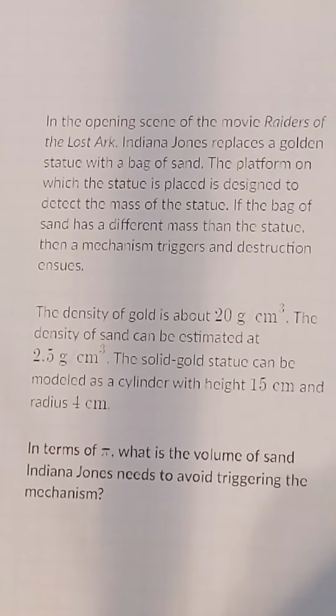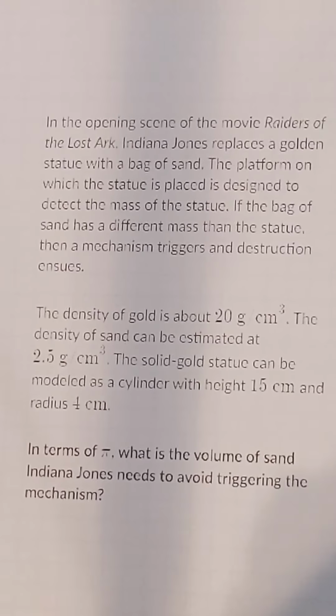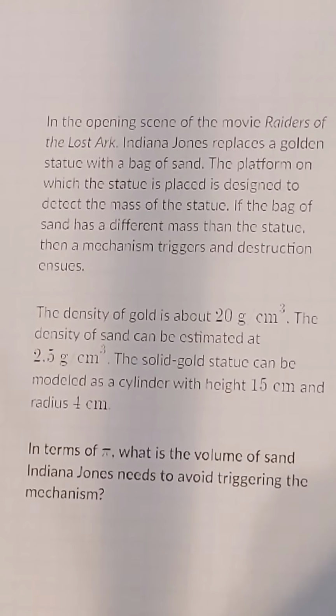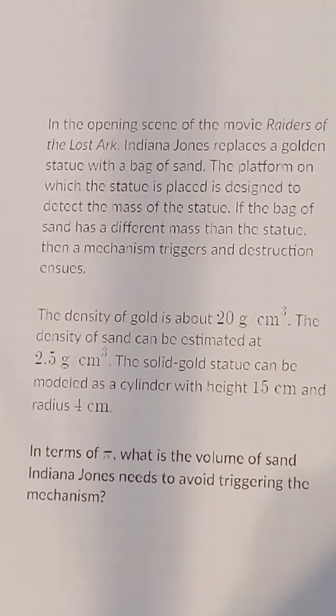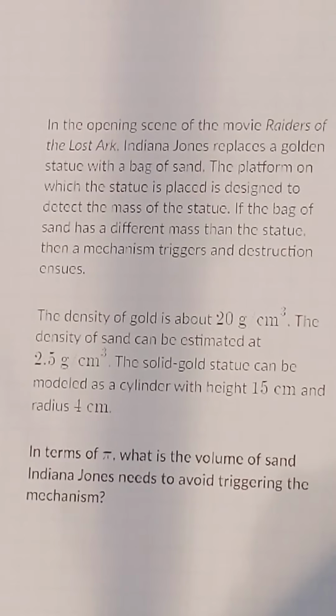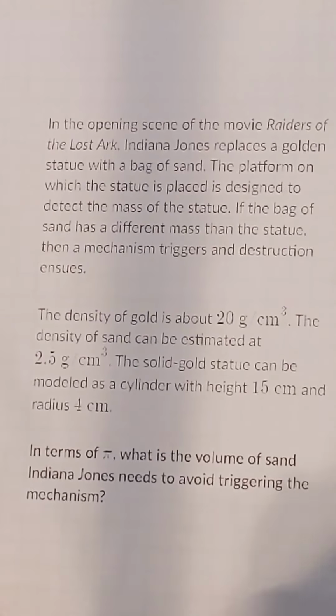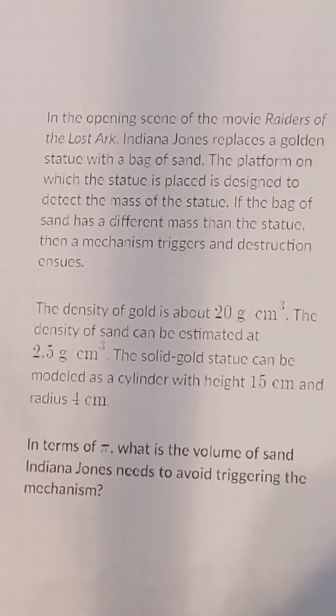The solid gold statue can be modeled as a cylinder with height of 15 centimeters and a radius of 4 centimeters. So what I need here is the volume of sand it needs to trigger.